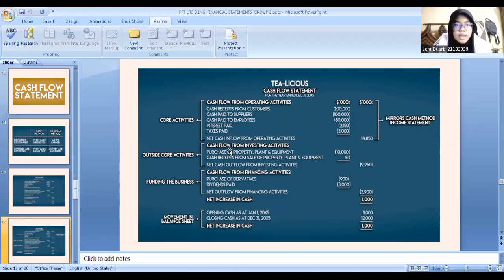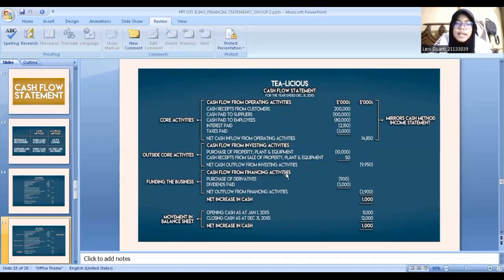The second one is cash flow from investing activities. Cash flow from investing activities looks outside of the core operation of the business. There are the cash inflows and outflows from investments and buying or selling property and equipment. The third one is cash flow from financing activities.